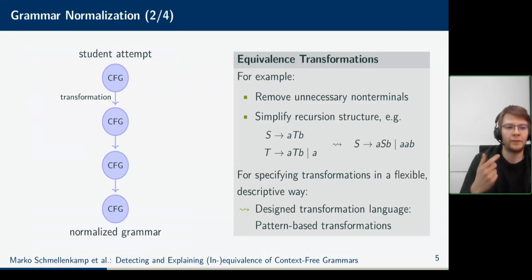To be flexible and to specify these transformations in a descriptive way, we designed a new transformation language and call them pattern-based transformations. We have patterns, basically replacing non-terminals by pattern variables, and offer some syntactic sugar to be able to specify transformations in a nice way.